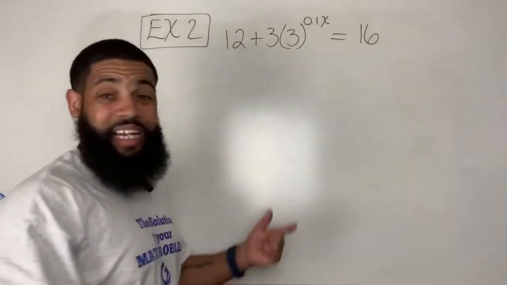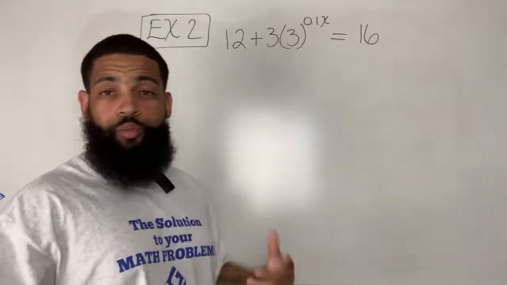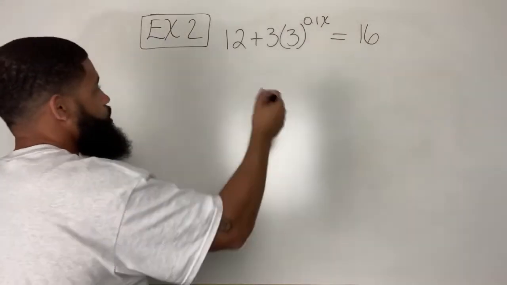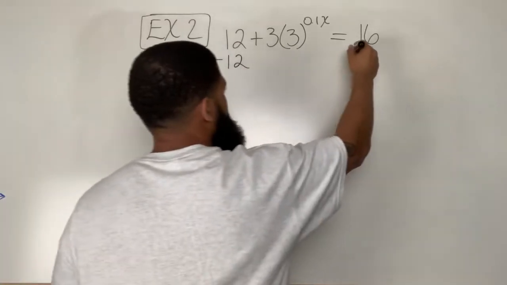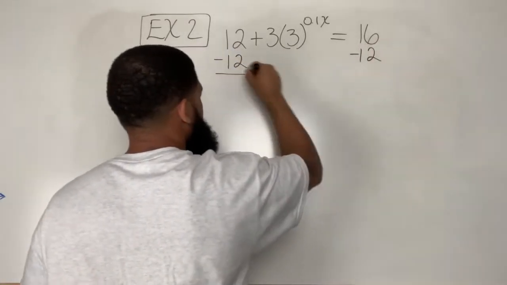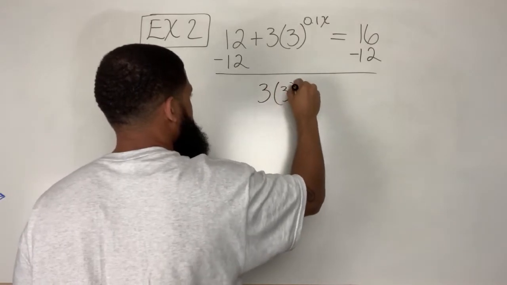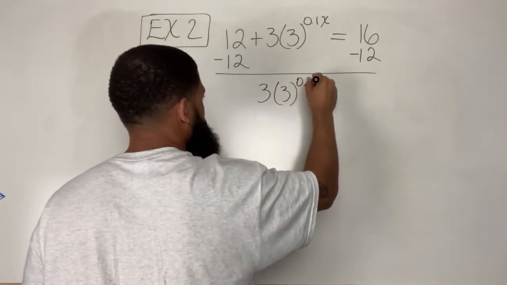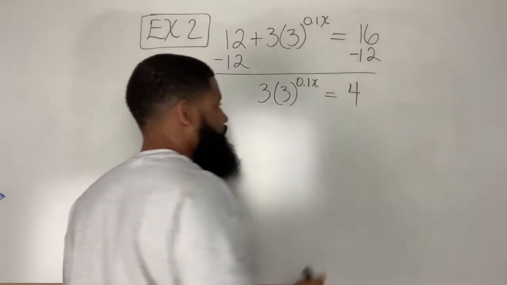Once again, I need to get it down to just this term right here, 3 to the 0.1x power. So I want to take this 12 to the other side. Let's subtract 12 from both sides. And I have 3 times 3 to the 0.1x power is equal to 16 minus 12, which is 4.